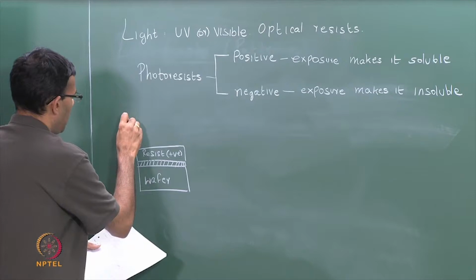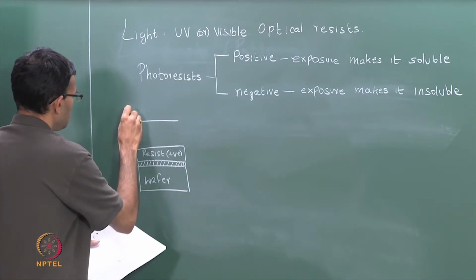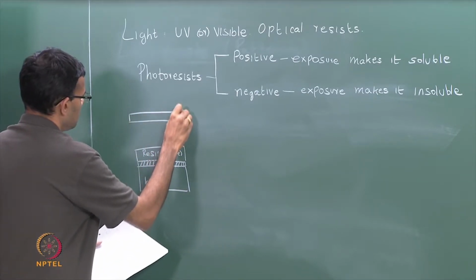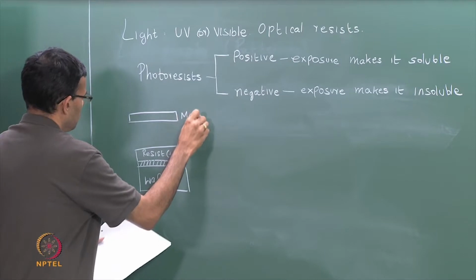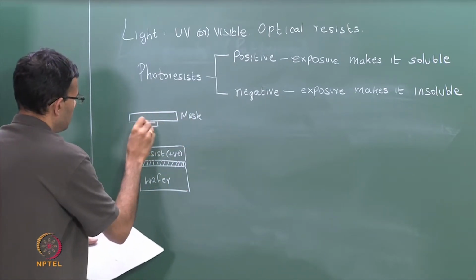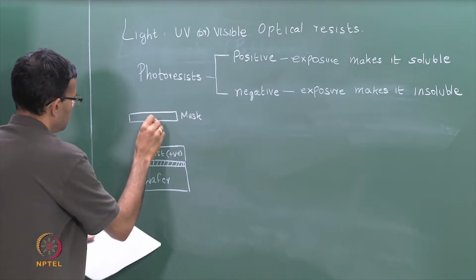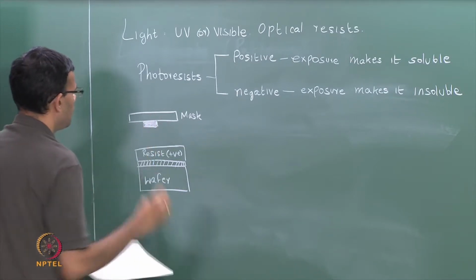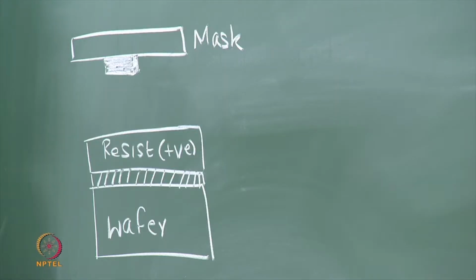We then have a mask with a specific pattern. So the dark portion is the pattern, and usually masks are made separately. We will look at mask later, but the dark portion is your pattern, and we now want to transfer this pattern onto your wafer.